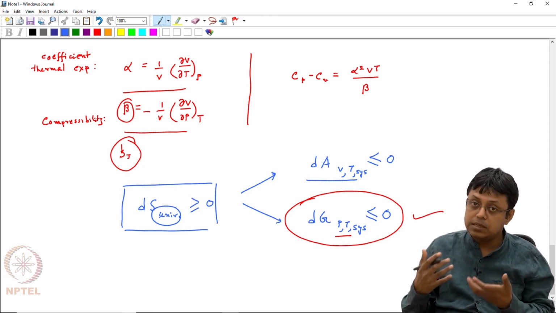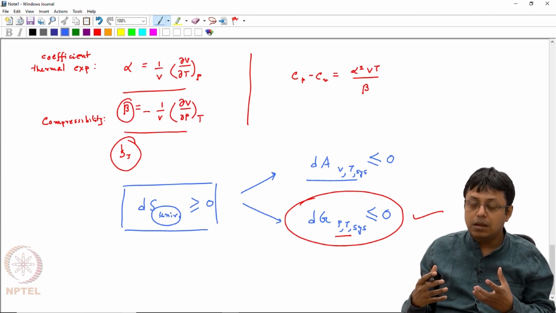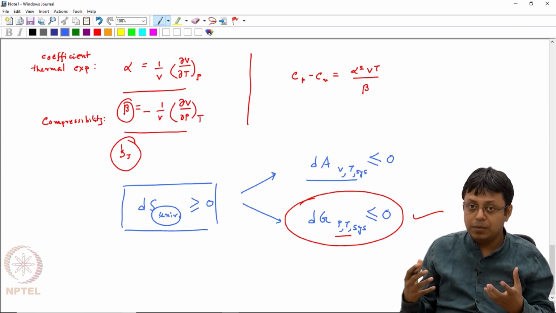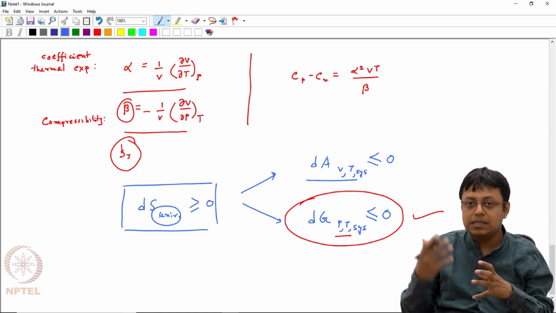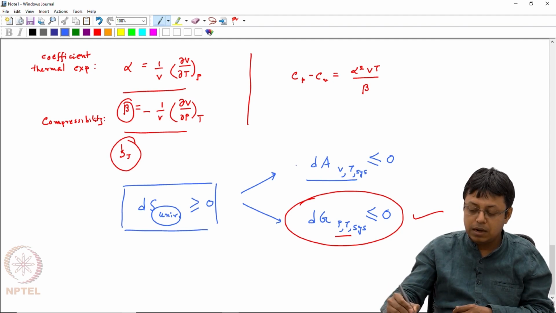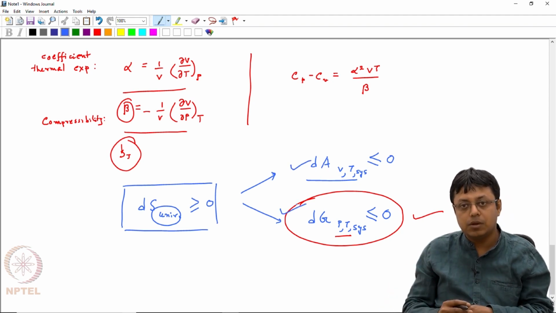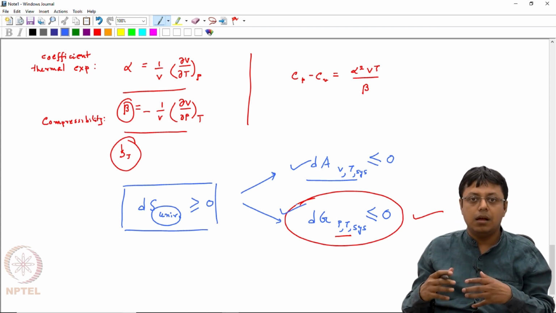You have to think about the system and surroundings together, which is not a useful thing, because you are also part of the universe. You only want to make changes in the system and see the effects in the surroundings. So better useful quantities are the Helmholtz free energy and the Gibbs free energy. And considering chemical processes mostly happen at constant pressure and temperature, the Gibbs free energy is the automatic choice.